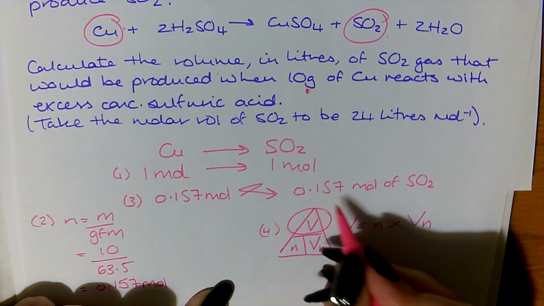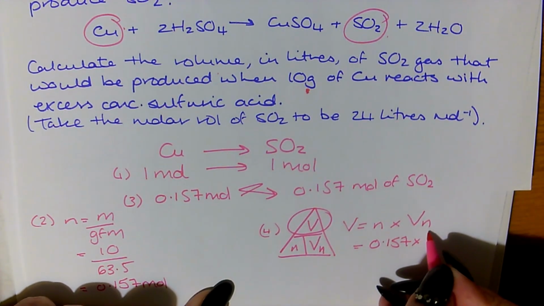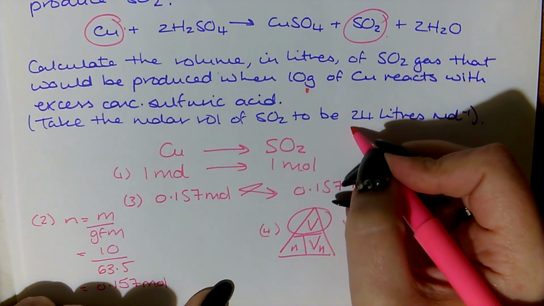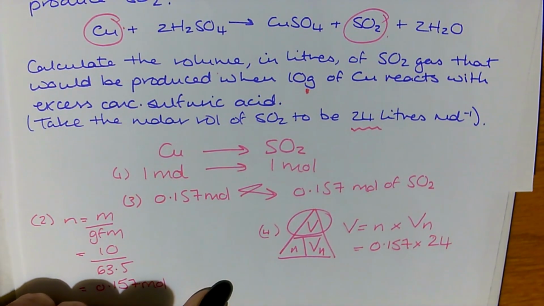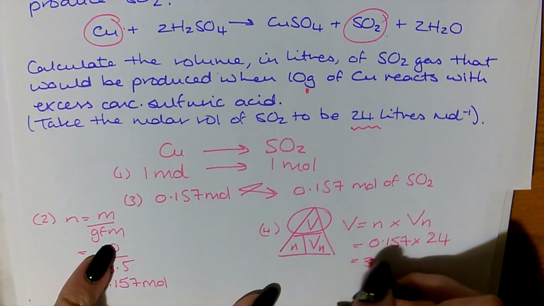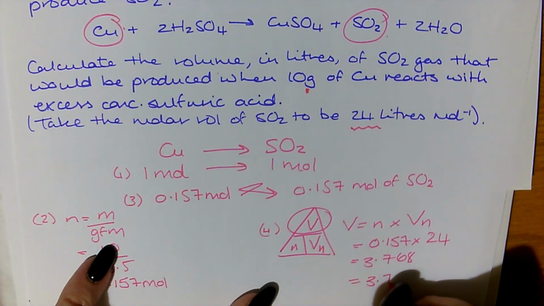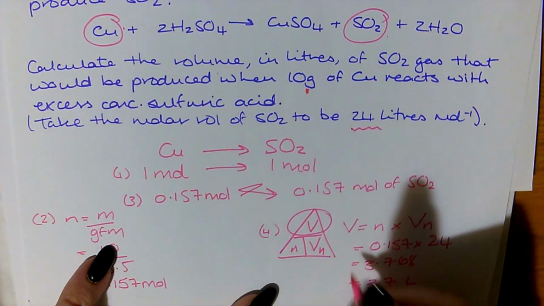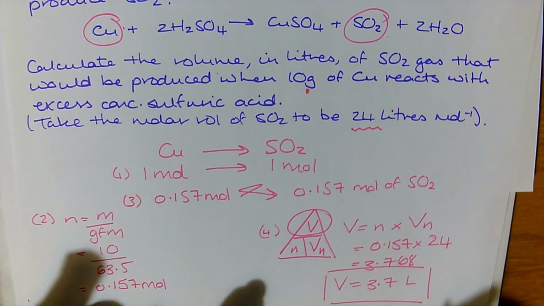The number of moles you've just worked out is 0.157, and the molar volume is given to you in the question as 24 litres. So we're going to do 0.157 times 24, and you will get an answer of 3.768, and rounding we could say 3.7 litres. So our volume of sulfur dioxide produced is 3.7 litres.